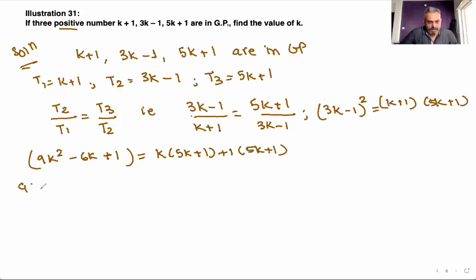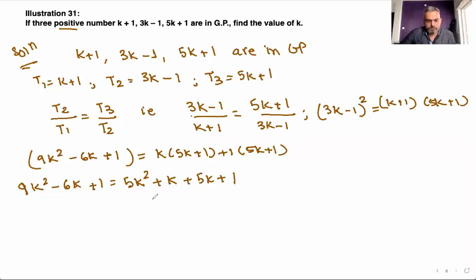So 9k square minus 6k plus 1 is equal to 5k square plus k plus 5k plus 1.